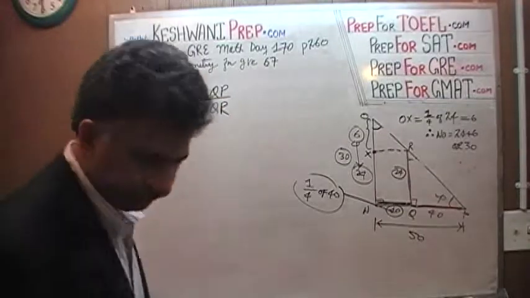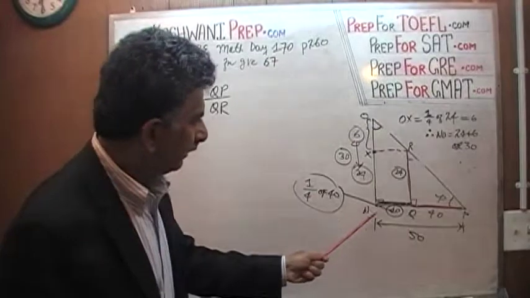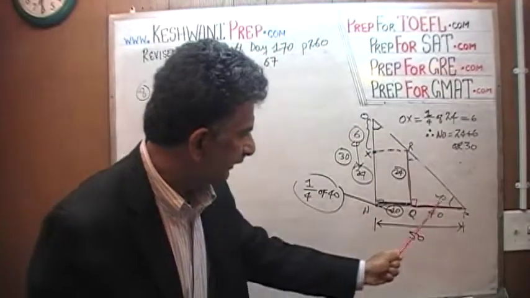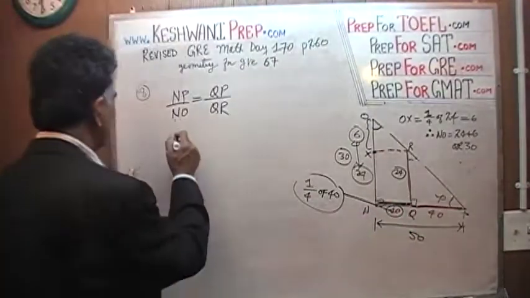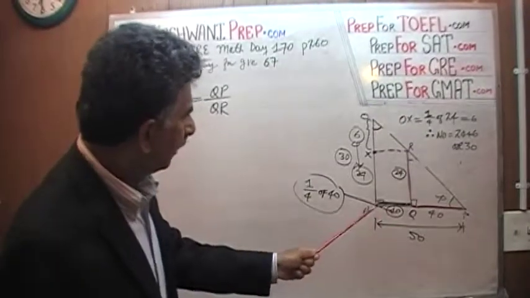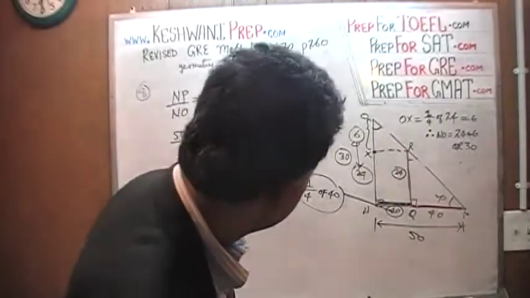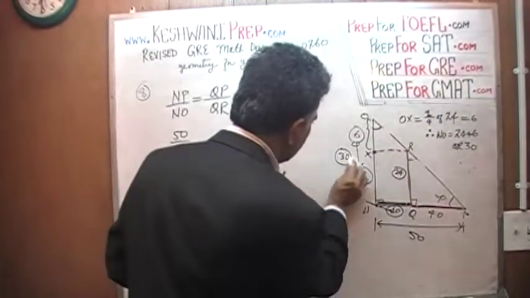Let's see what they are. NP. N to P is 50. 10 plus 40 is 50. N to O, where is O? Well, we have it there. I'm going to erase all of this. We're going to redo it from scratch.